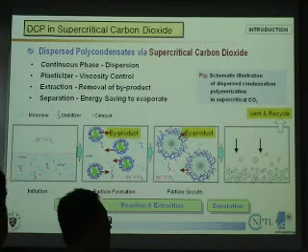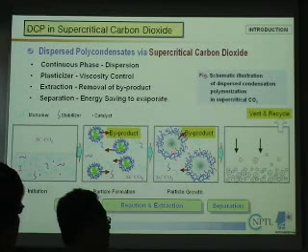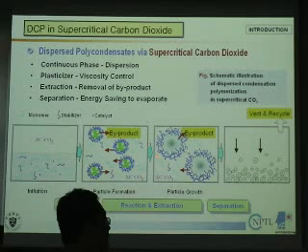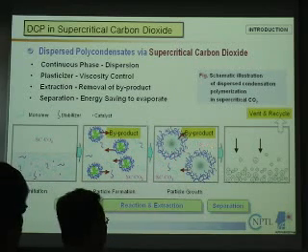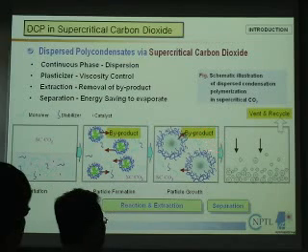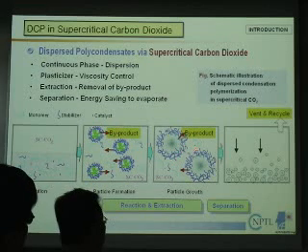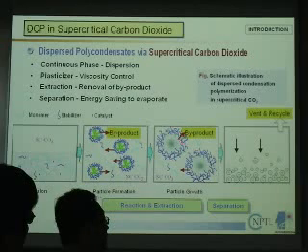That means now this supercritical CO2 can penetrate into this growing particle and extract some solvent or some small molecule and take it out into this continuous medium. That means once you have a small molecule generated during the polymerization, you can easily take that small molecule outside of these growing particles.